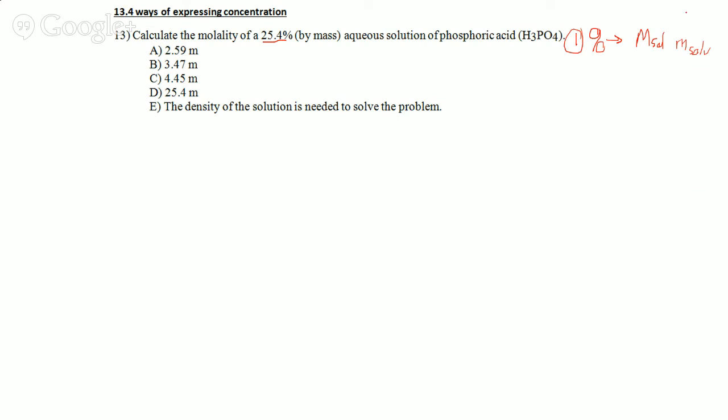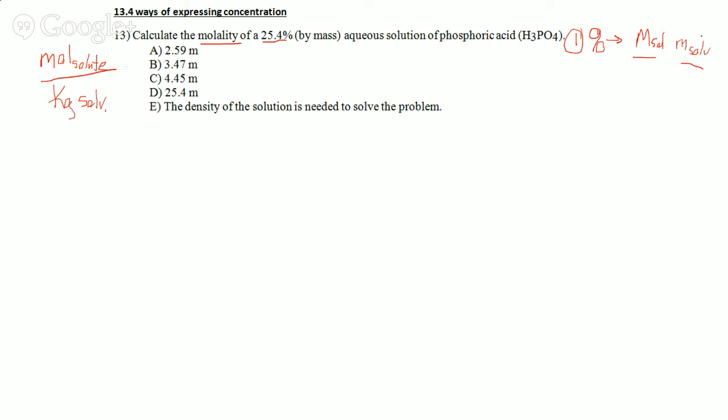All right, once we have those masses, well, what are they asking for? They're asking for molality. So you got to know what molality is. It's moles of solute over kilogram of solvent. All right, so using the percent, we can get the masses of the solute and the solvent.